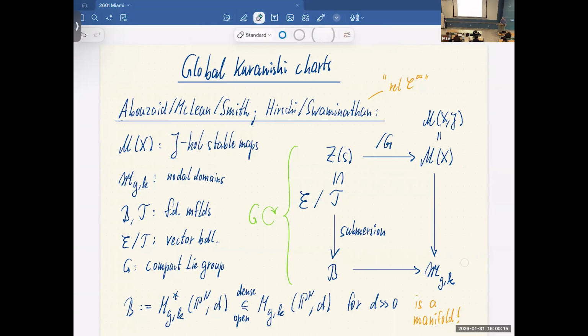Sorry, this is a typo. What am I doing here? This is, of course, not M_GK. This was the M of curly X. Oh, no. Sorry, I'm presenting everything well. No, I confused myself with the slide. This is just recapping what Abouzaid, McLean, Smith and Hirschi, Swaminathan were doing.